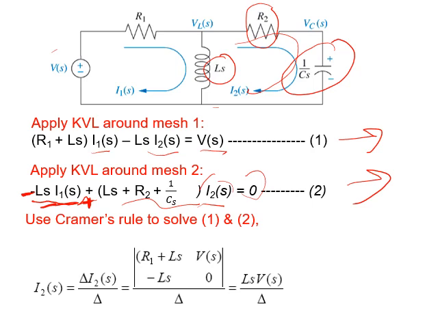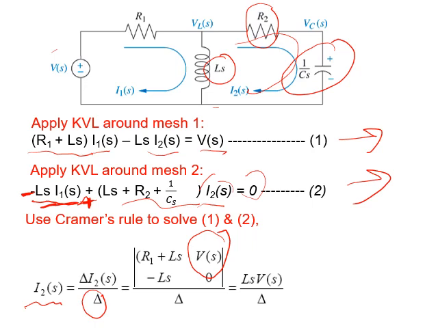I think the easiest way to solve them is using Cramer's rule, as you see here. So by Cramer's rule, what do I need to calculate? We need to calculate I2, of course, only I2. All that I need is calculating I2, because by calculating I2, I will find it in terms of V. So we will rearrange the equation to get the required quantities. Okay, what is delta here? Delta is the coefficient of I1 in equation number 1.